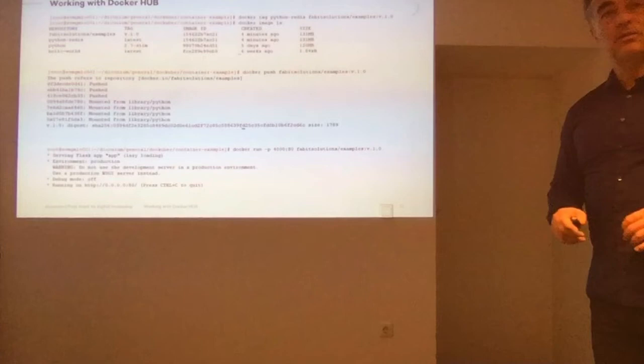And now here I'm doing a docker run with -p 4080, but this time I'm not calling it local, I'm calling FAB-IT Solutions examples 3.0. So if you go to a different machine, you simply connect to Docker Hub, pull the image down and run it. No hassle.